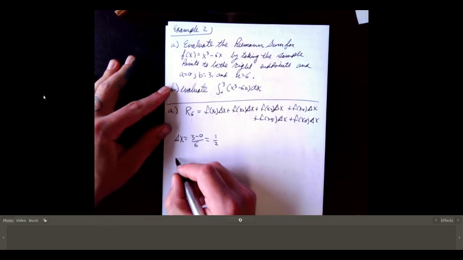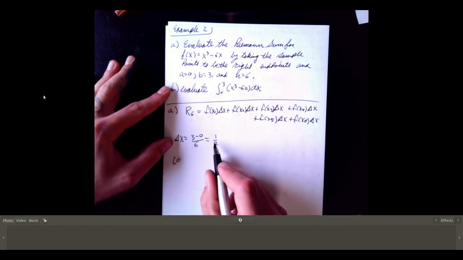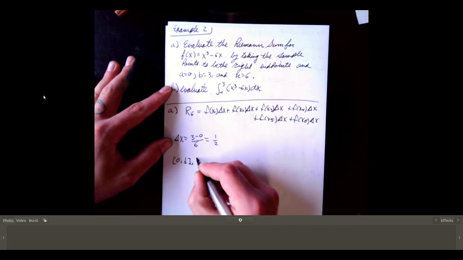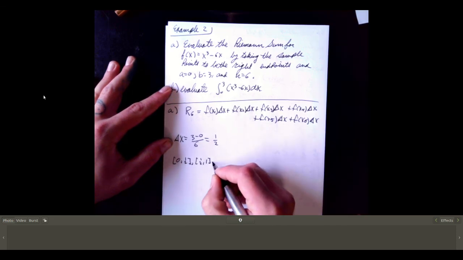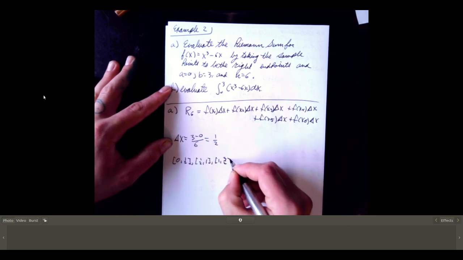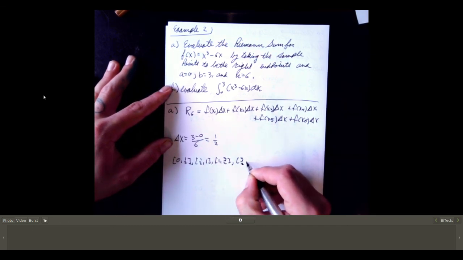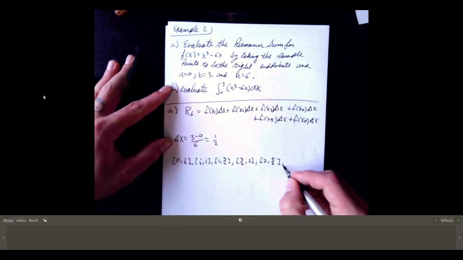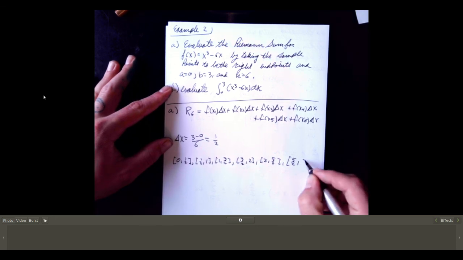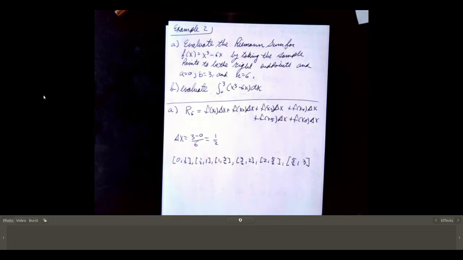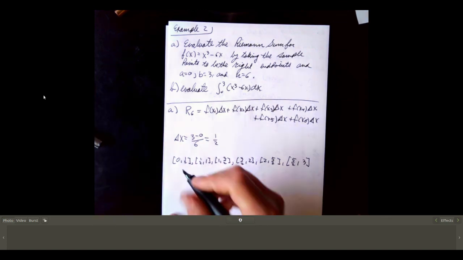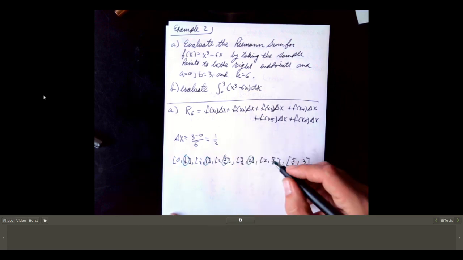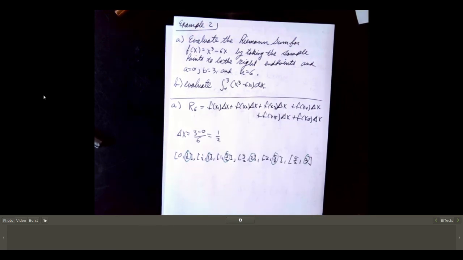If we're starting at 0, and the width of our interval is 1/2, we would have the subintervals 0 to 1/2, 1/2 to 1, 1 to 3/2, 3/2 to 2, 2 to 5/2, and then 5/2 to 3. For our right endpoints, we would take 1/2, 1, 3/2, 2, 5/2, 3.